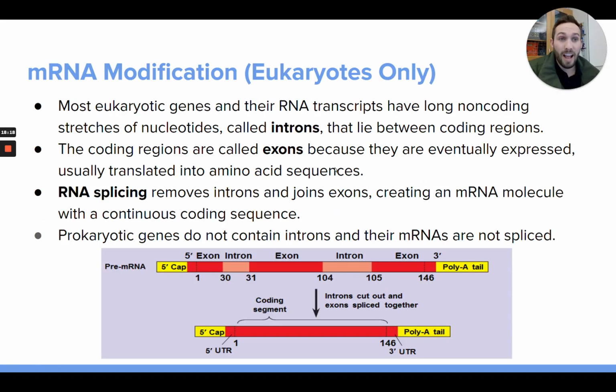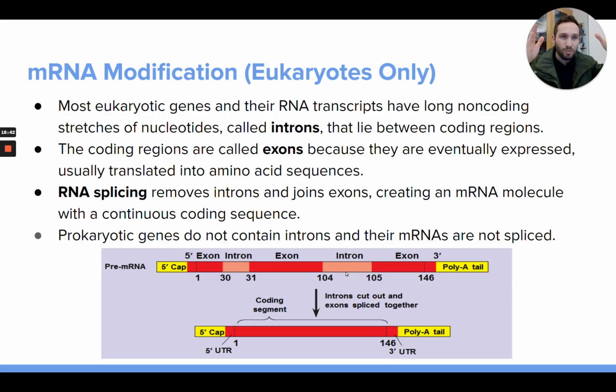And then another thing that happens is in your mRNA, in your genes, and again, this is only for eukaryotes, in eukaryotic genes, there are these random pieces of DNA within the gene that actually aren't part of the gene, and they're called introns.